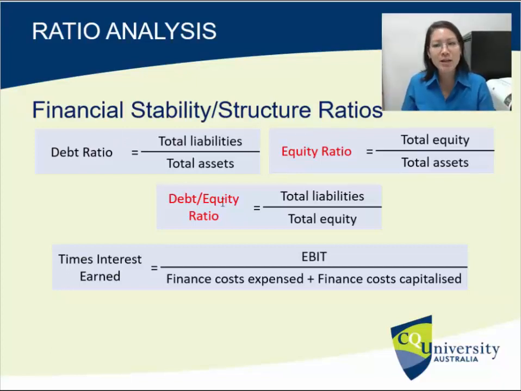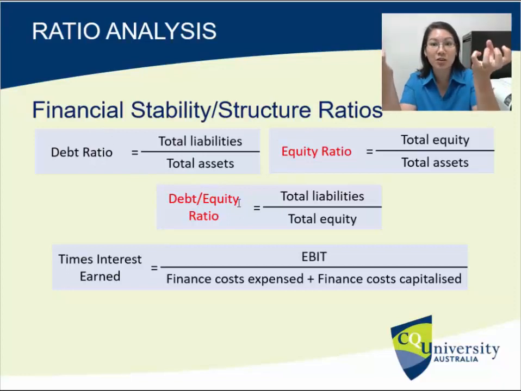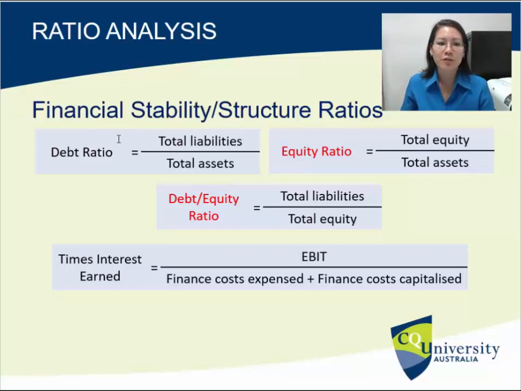The debt equity ratio is different to each of these. It compares one to the other. So the debt ratio is this one, the equity ratio is this one. The debt equity ratio takes those two and compares them to each other, so it divides one by the other. If we continue our example of 40% here and 60% here, if you divided the 40% by 60%, you would get 0.67, which means for every dollar of equity, 67 cents is being put in to fund the assets of the business by an external party, such as a bank.